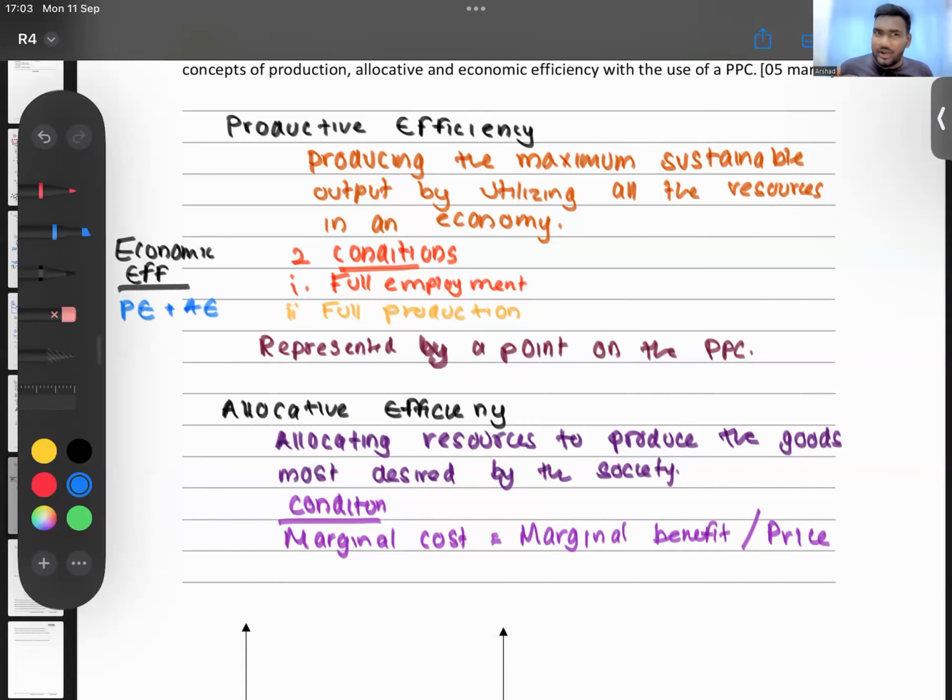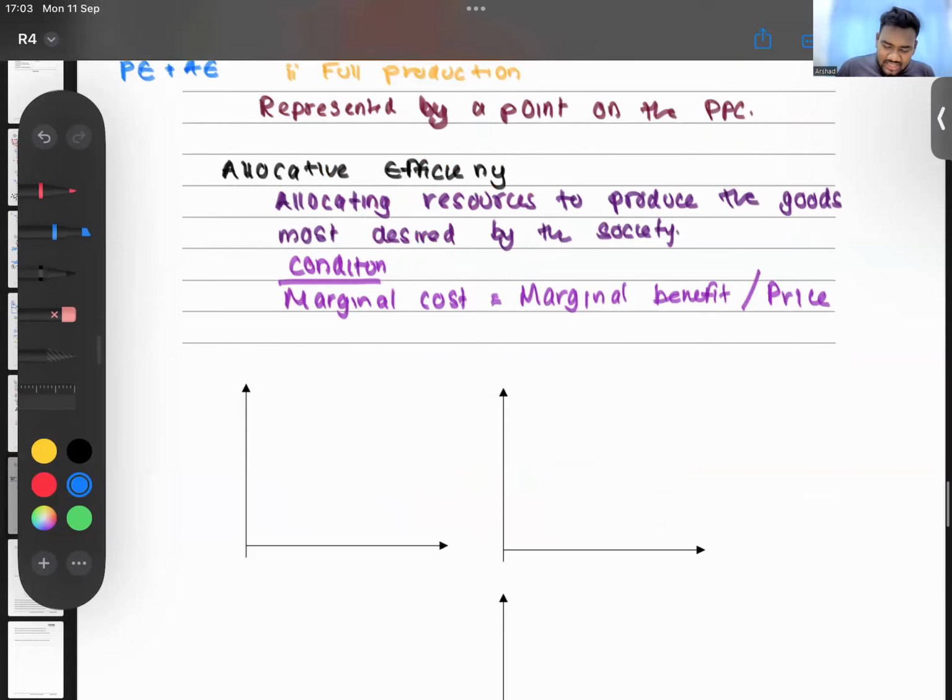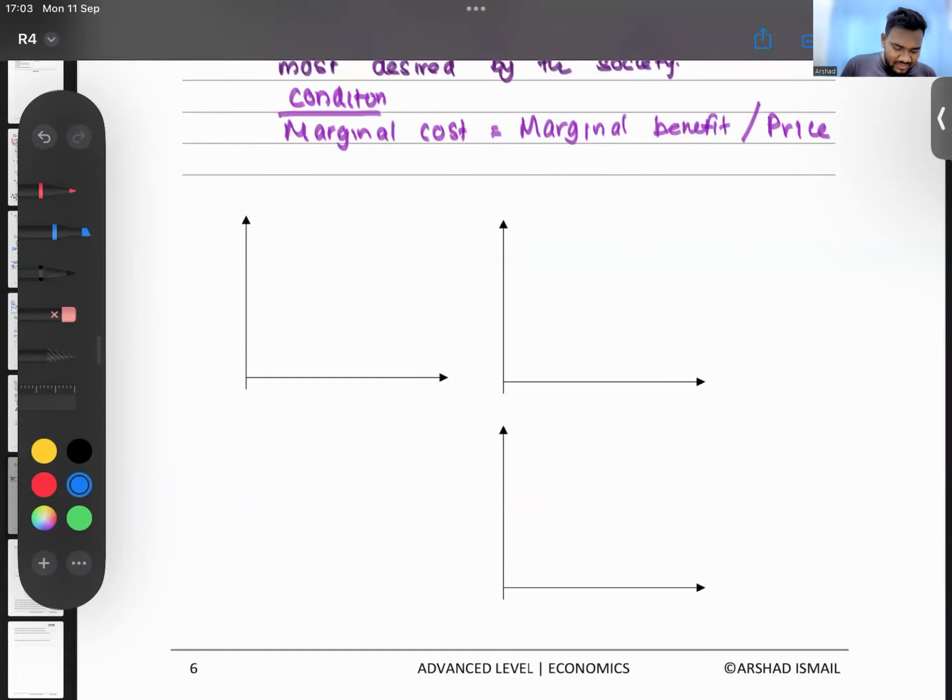Right now, I'm just giving point forms. Then how about the diagram? I have just given you the format for the diagram. This diagram can be the PPC. Let's say this is good X and good Y, or capital and consumer goods.